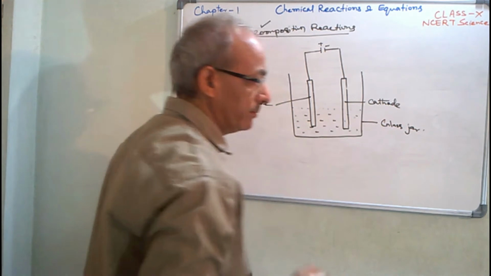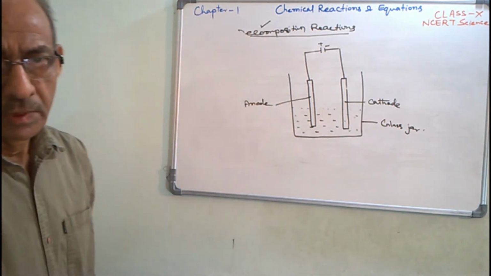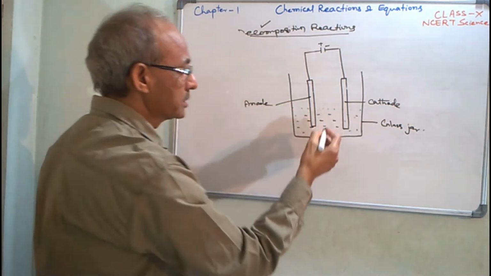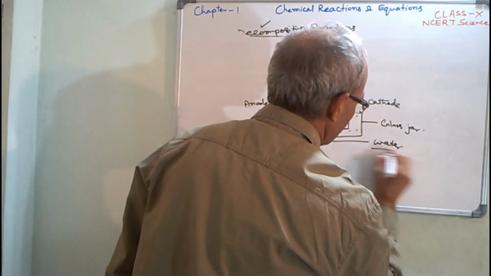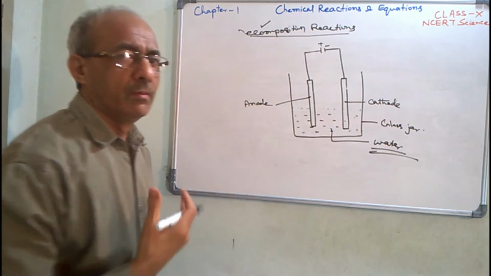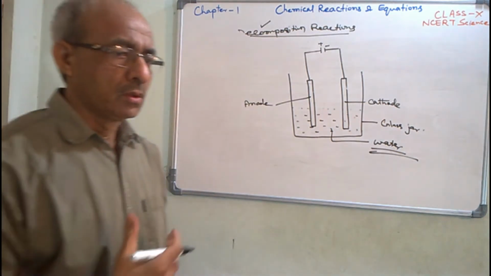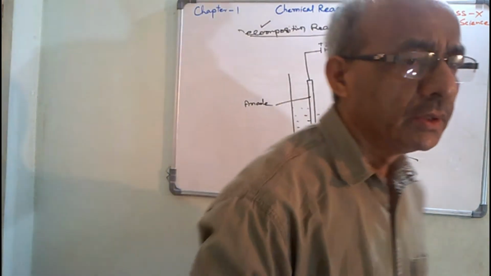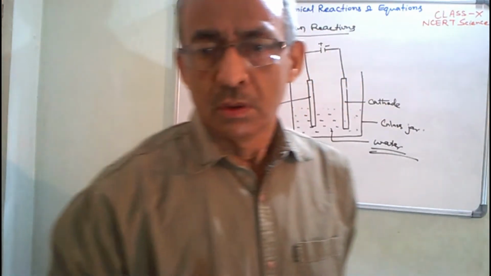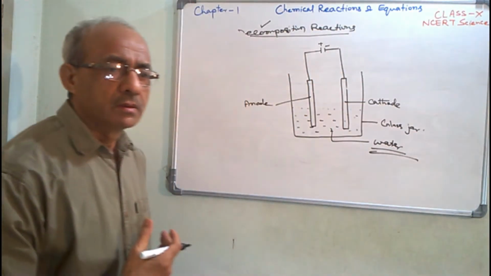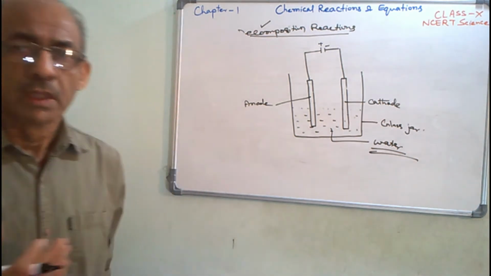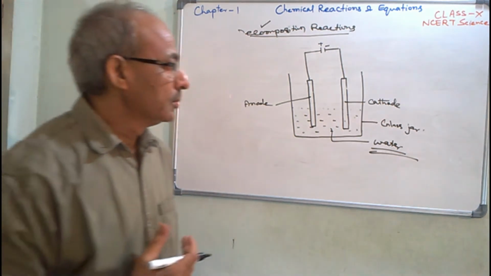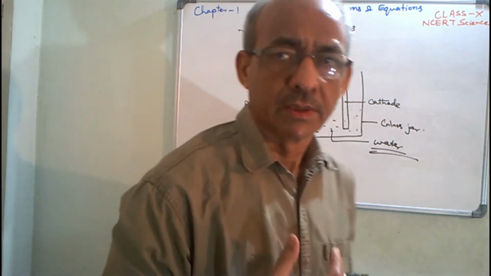After making this arrangement, some amount of water is poured in this glass jar, and some drops of acid are also poured into this water to make the water a good conductor of electricity. You know, pure water is not a good conductor of electricity. Pure water is a bad conductor of electricity.